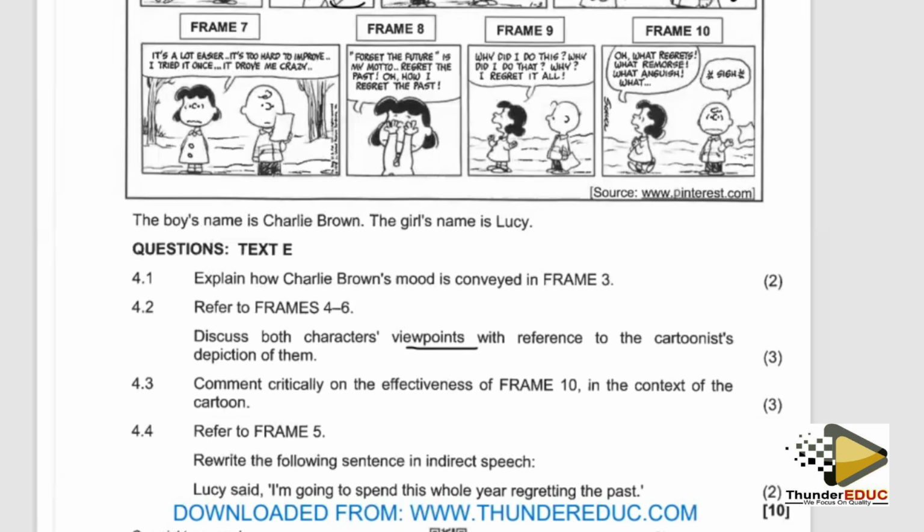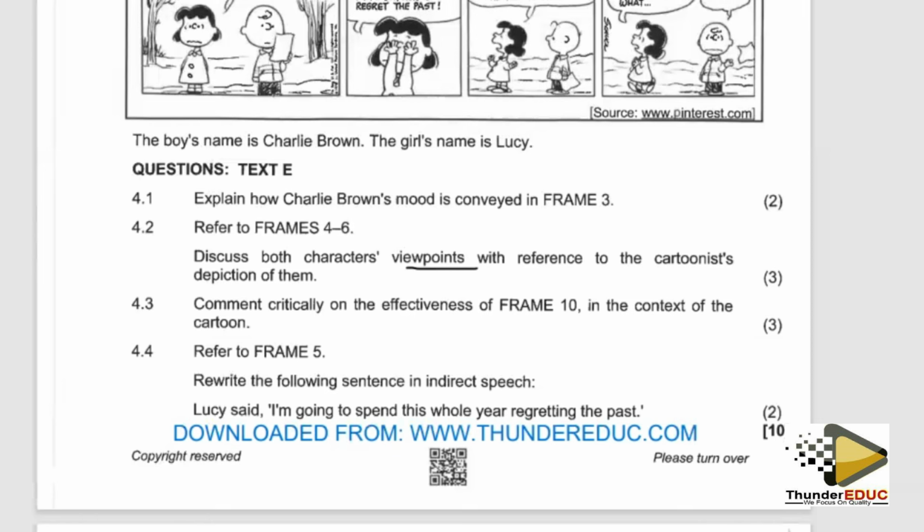We see resignation in Charlie, but we still see Lucy continuously listing, shown by the ellipsis and walking away from Charlie. So their viewpoints are not changed. So when frame 10 closes, they are still on different viewpoints, and therefore they are not on the same page. That is our frame 10 and 4.3.